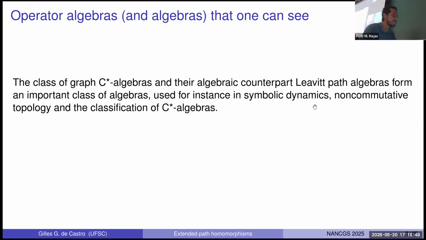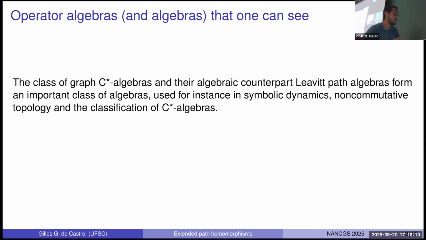this is part of a project on operator algebras and algebras that one can see. The idea is that we want to use some combinatorial objects to study C*-algebras and algebras in general. They have several applications, for instance, in symbolic dynamics, non-commutative topology, and classification of C*-algebras.